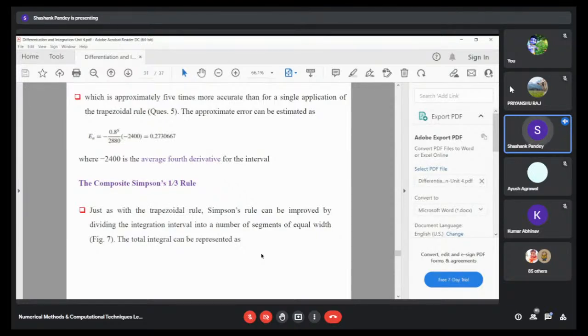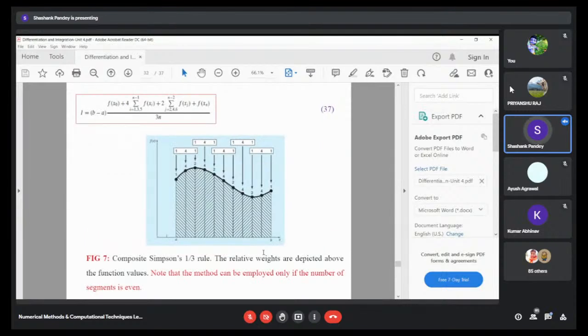Like we derived the formula for the composite trapezoidal rule, in a similar way we can derive a formula for this composite 1/3 rule. In figure 7, you can see here that there was a function. We have divided this function into a number of intervals between a and b.